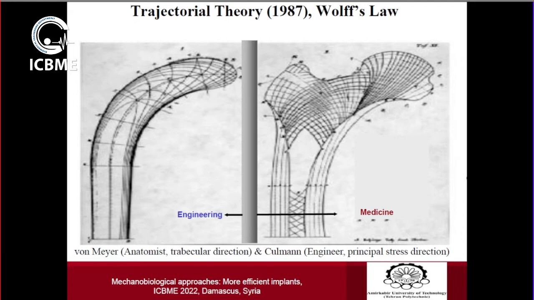And on the right-hand side, you see the distribution of a spongy bone or trabecular bone in the proximal femur, done by a German anatomist named von Meyer.